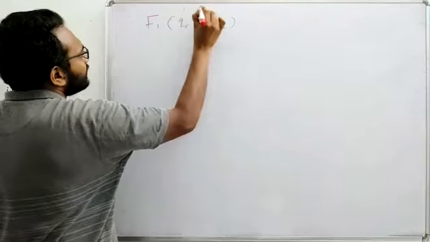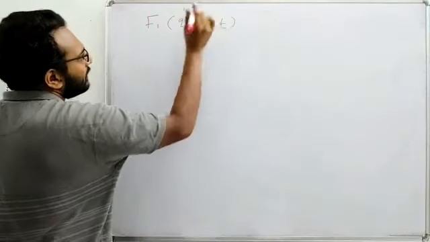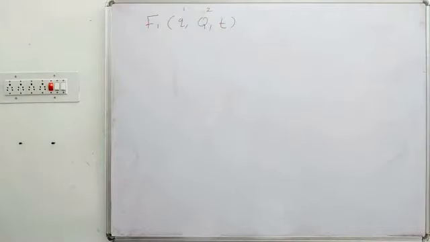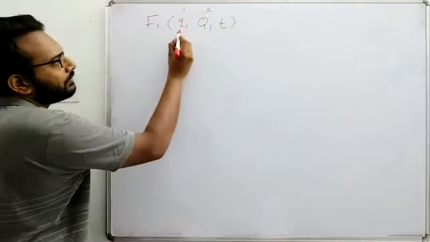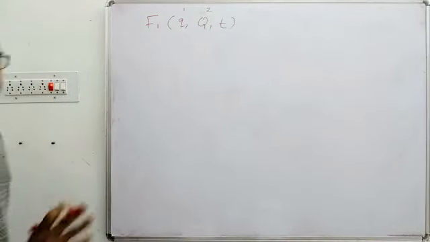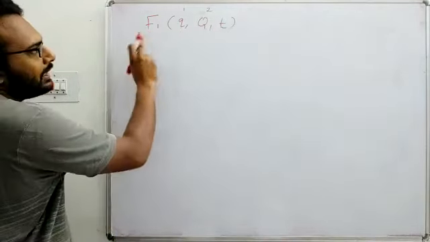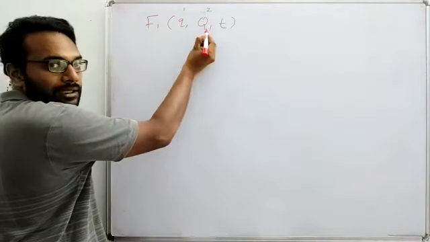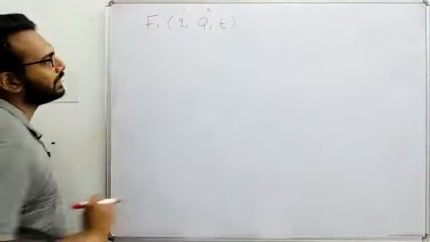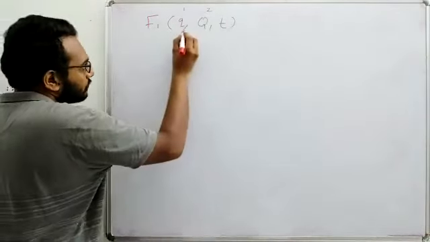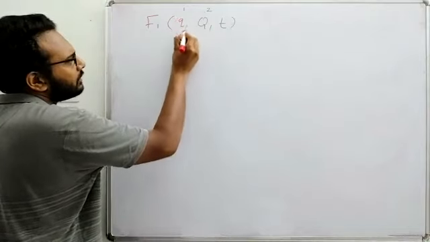You take the positions inside the bracket as 1 and 2. In the first place, you will always have the old one. In the second place, you will always have the new one. You always write the given generating function first in terms of the old one, second the new one, and third the time. Time doesn't matter. Now you remember one more thing. Q is always in the first position.